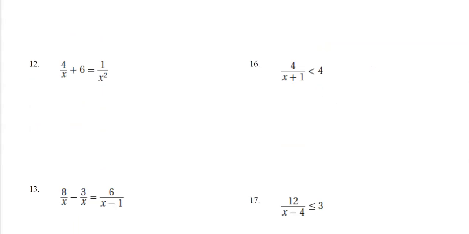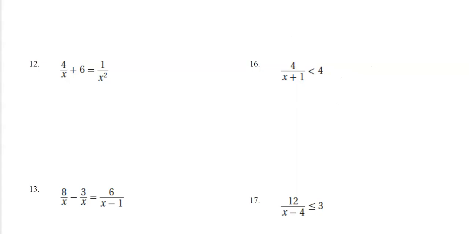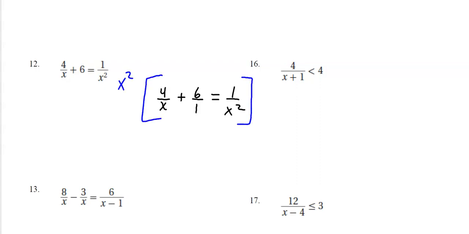Number 12, all right, I got 3 pieces here, so maybe I'll rewrite it just to make it look a little bit more normal. So 4 over x, more better. 6 over 1, 1 over x squared. My eyes just see that a little better. So it looks like the LCD would be x squared. So let's times everybody by an x squared.